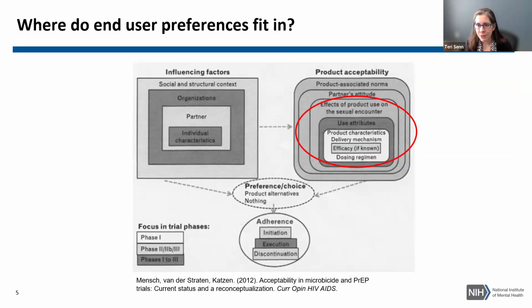So there are other influencing factors you can see on the left at the individual, household, partner, and structural level. And Roz touched on a few of these in her talk. And then finally, the product alternatives influence which product is ultimately chosen. So what other products are available for people to use? And I also want to note that it's possible here that the choice might be to use no product, even if there are products available.